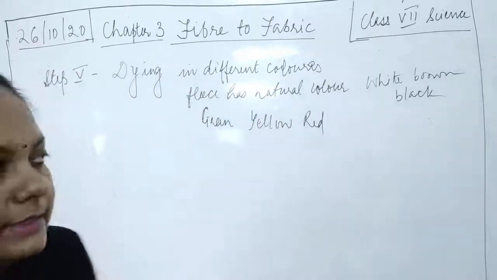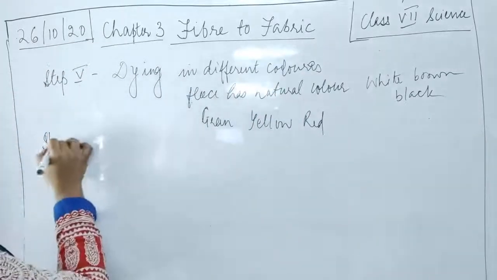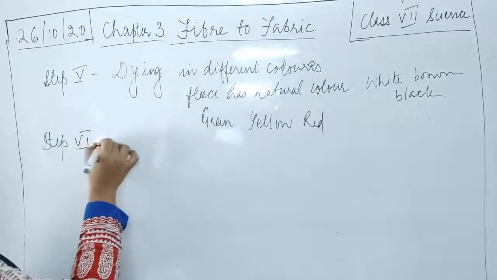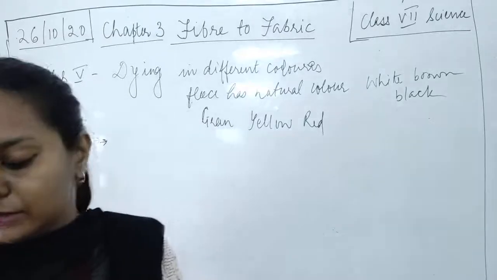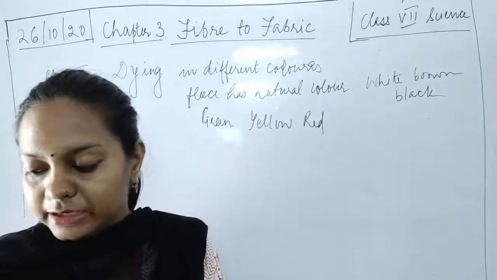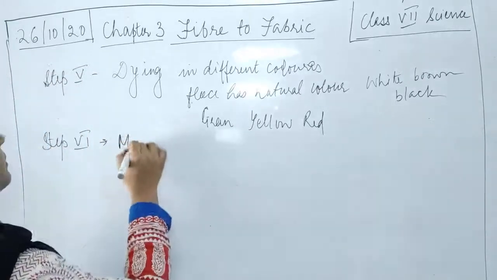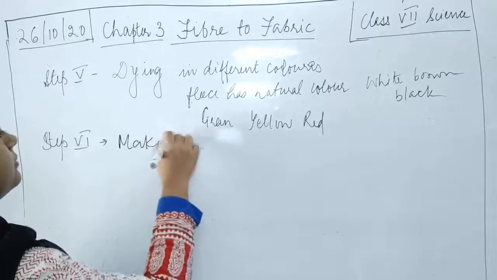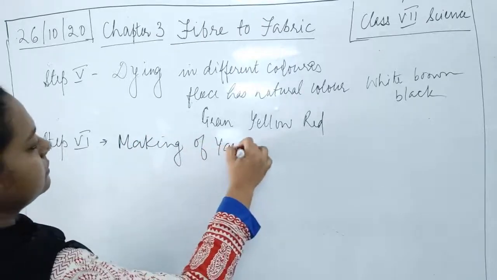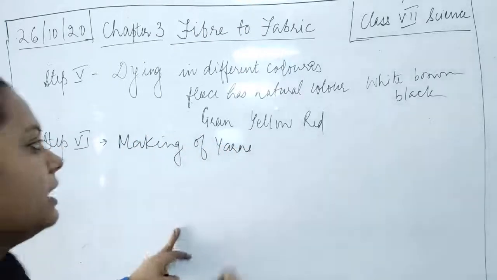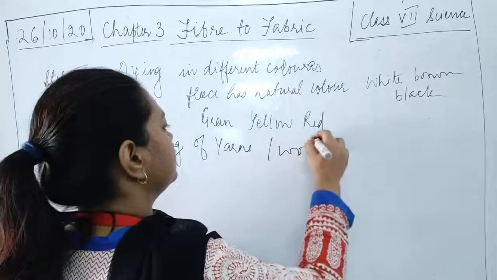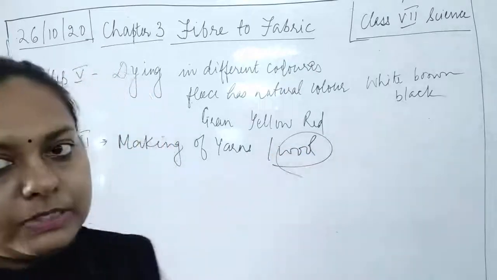The last step is the sixth step. In the sixth step the fibers are straightened, combed and rolled into yarns. Making of yarns. Yarn of what here? It is wool. This is how wool is obtained.